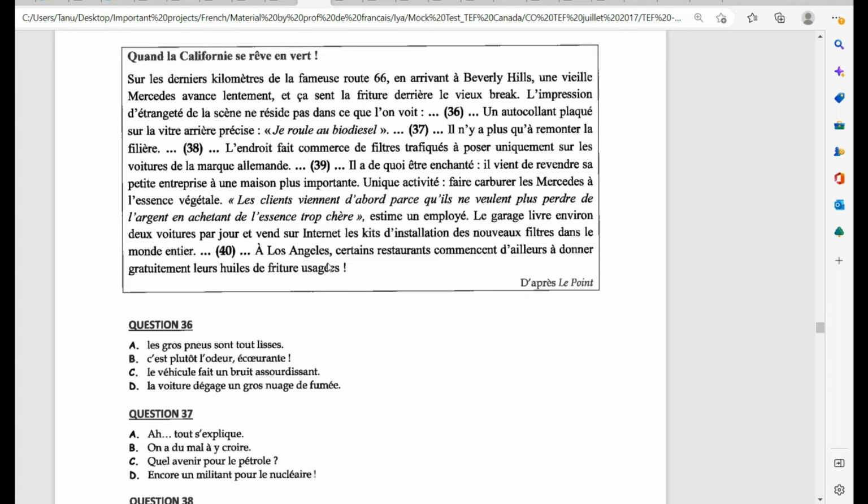Alright, and then in the last line we are saying in Los Angeles there are some restaurants which actually give their oil for free. So after they fry food in their restaurant, the used oil is being given for free by these restaurants.